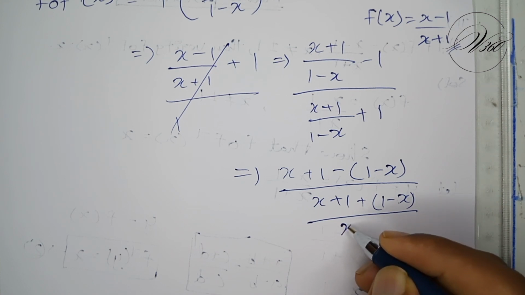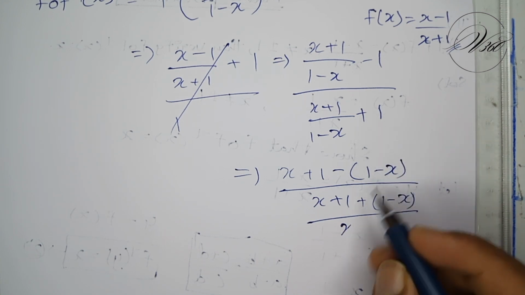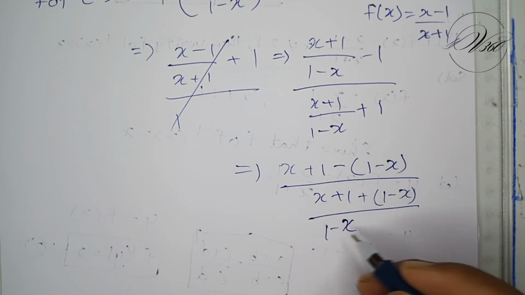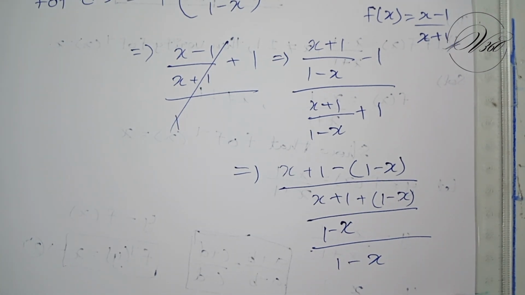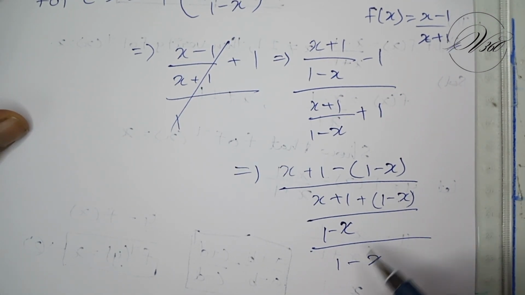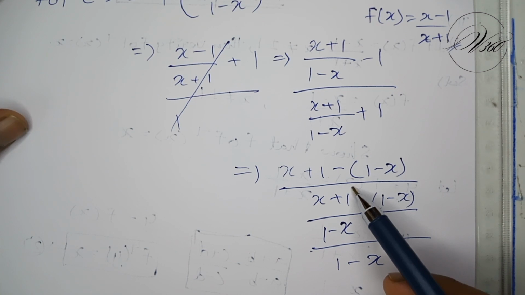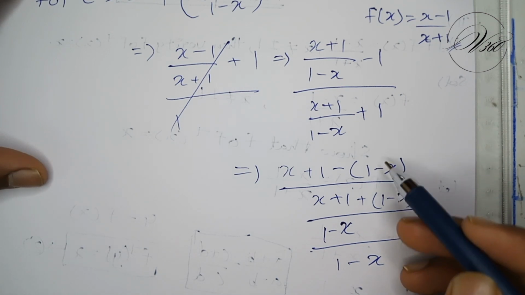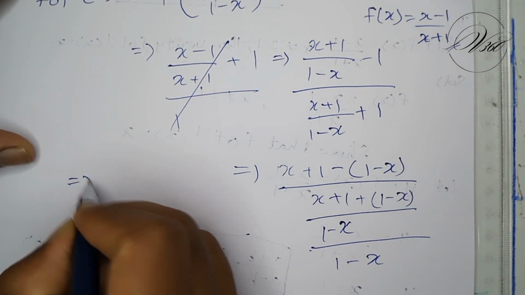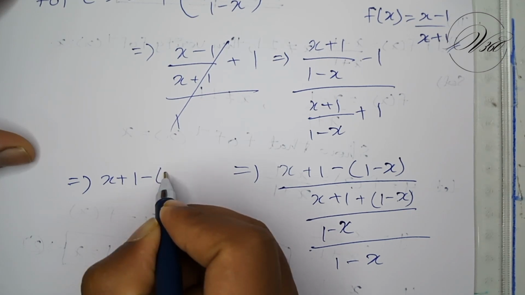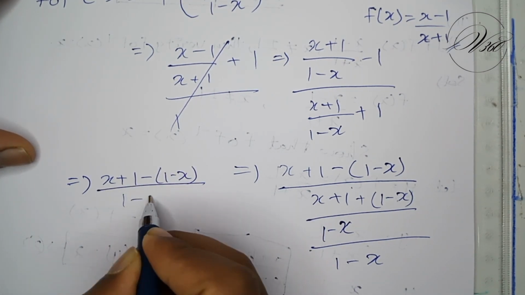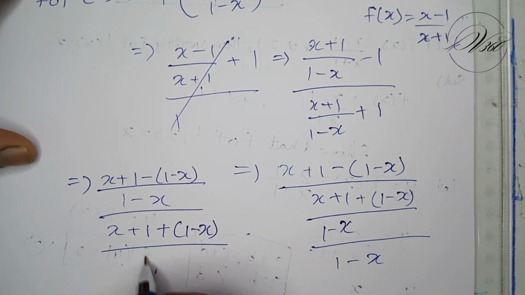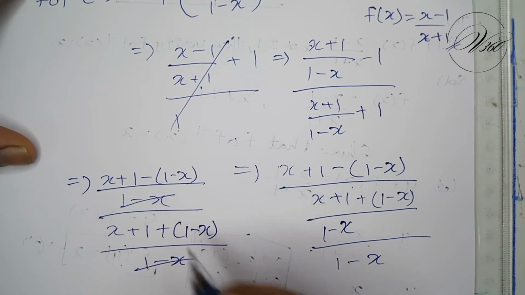This is actually wrong. I will actually do like this. Now I will do here x plus 1 minus 1 minus x by 1 minus x by x plus 1 plus 1 minus x by 1 minus x. Denominator gets cancelled.